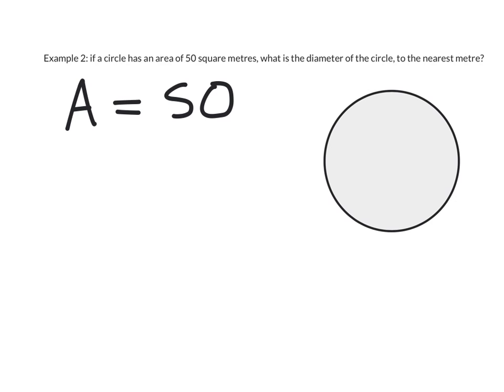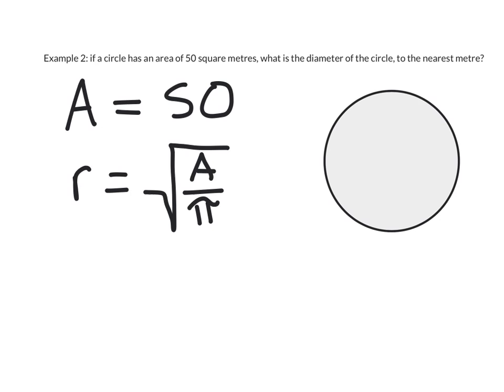Now remember, our relationship for area tells us what the radius is. So we can use our relationship that the radius will be the square root of A divided by pi. So square root of A over pi. And then we'll need to double this at the end to find the diameter.